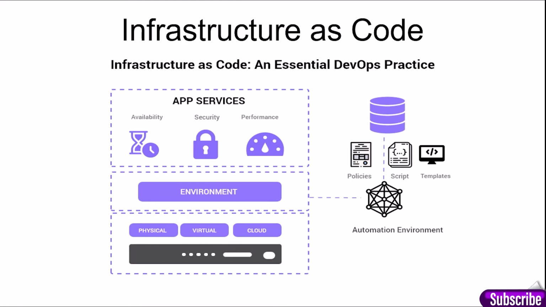In today's world, infrastructure as code is an essential DevOps practice, because no one wants to spend more time doing the same or repetitive things. If things can be automated, we like to do this.